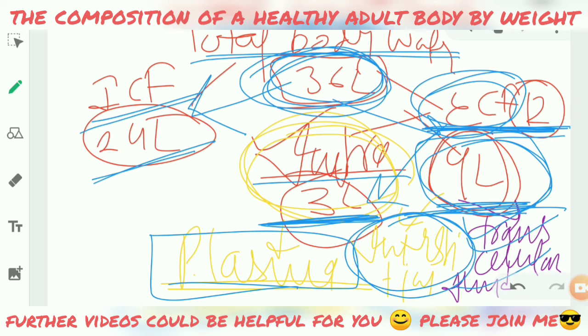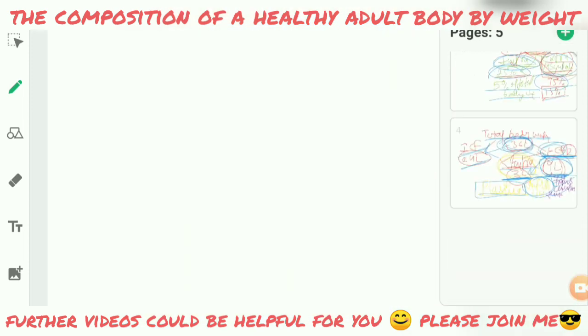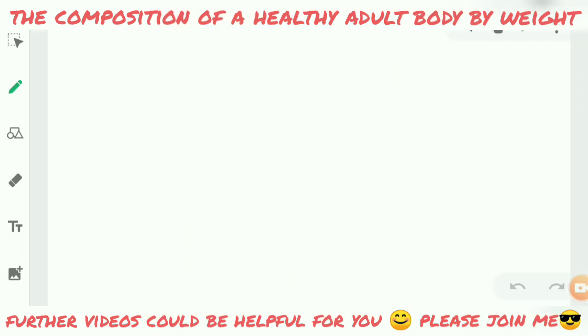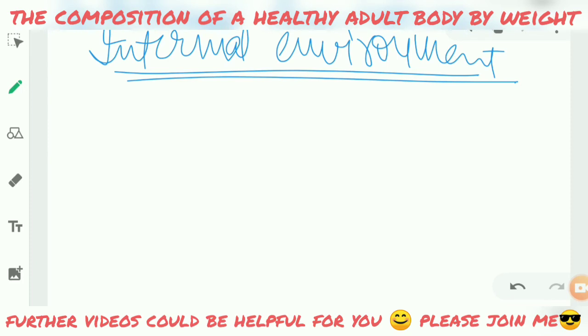Then the normal cell functions depend on the composition of interstitial fluid. It constitutes the internal environment of body.